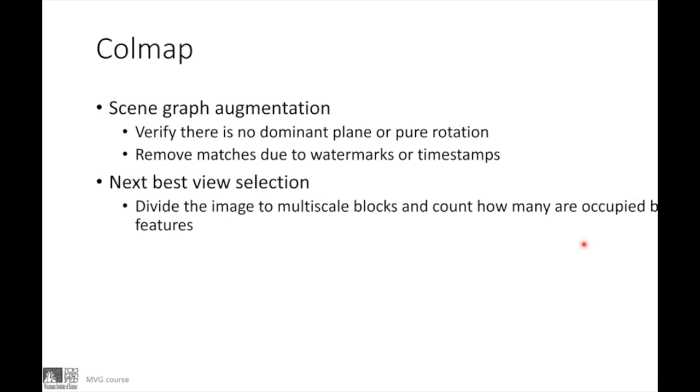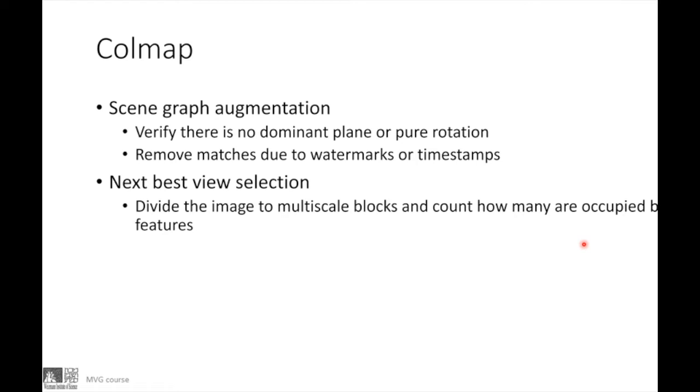In the next view, best view selection, instead of looking at how many inlier matches there are between the new image and the reconstruction, what they do is the following. They divide the image into blocks, squares, and all the points that fall in one block, they count only one.